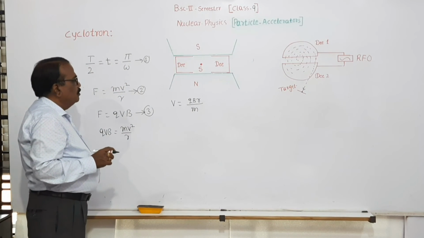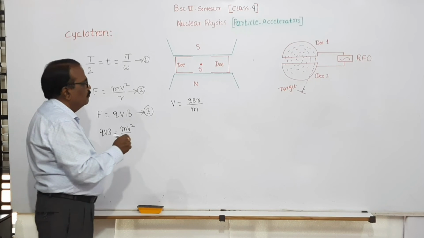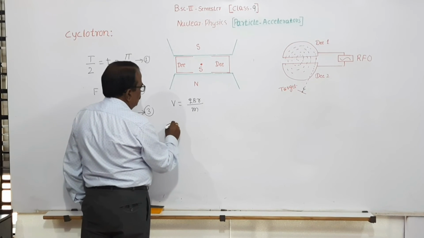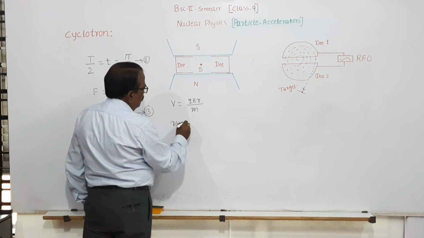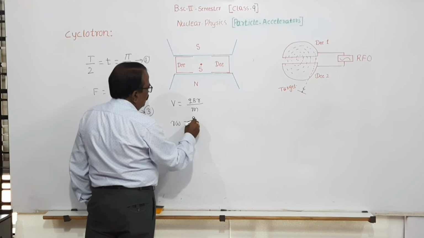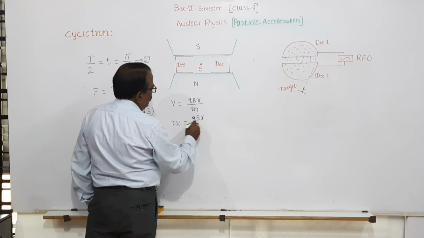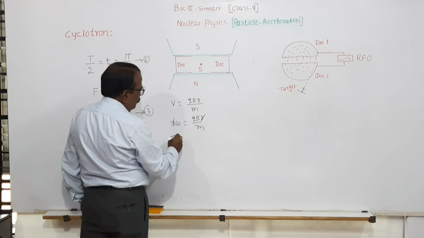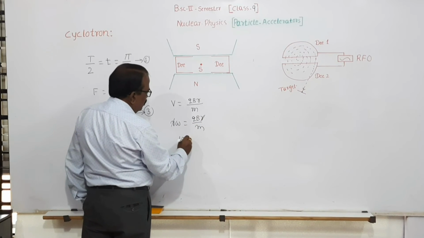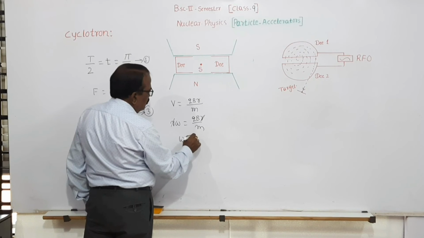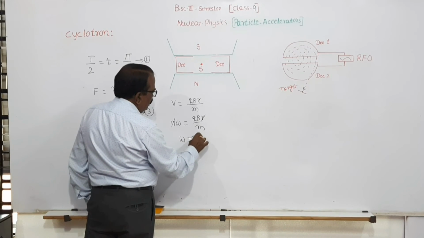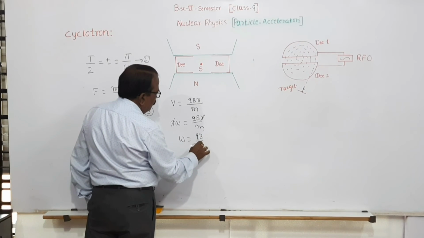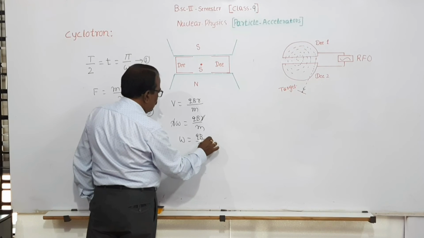Also you know that v is equal to r omega. So if you write v is equal to r omega, it is qBr upon m. So r cancels. Your omega is equal to qB upon m. Call this equation 4.